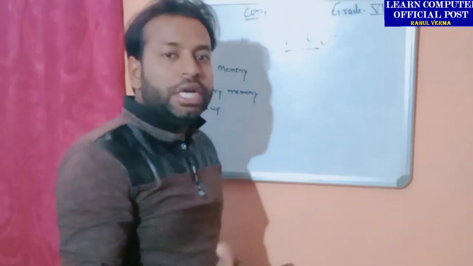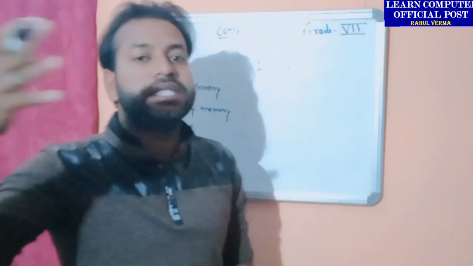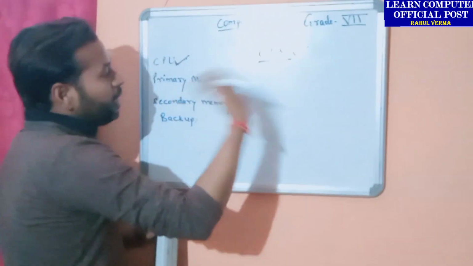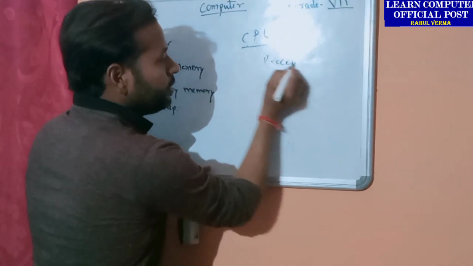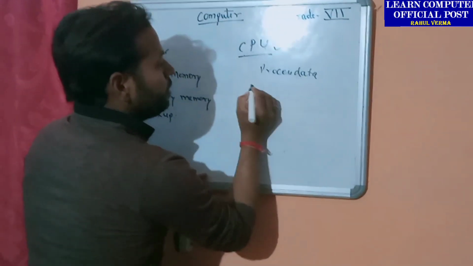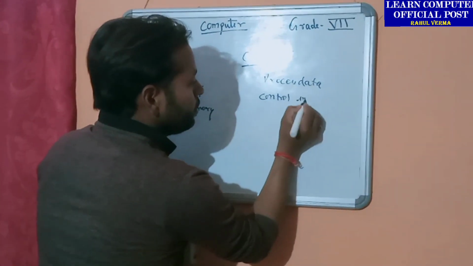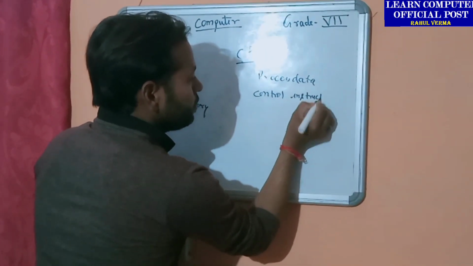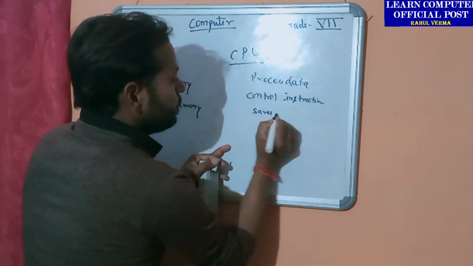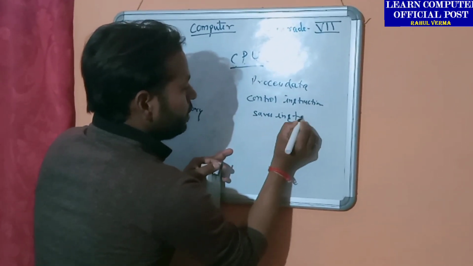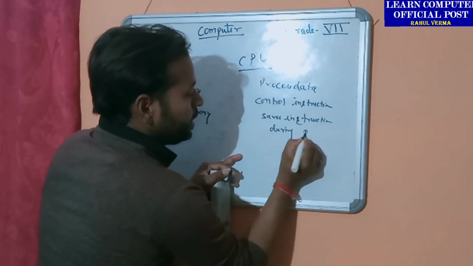Now what is CPU? CPU is a device in the computer which is used to process the data. And what things will be done by the CPU? It is used to process the data, control the instructions, and even save instructions during processing.